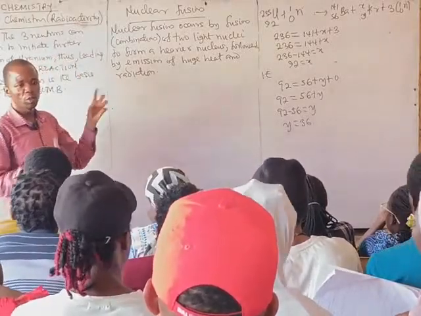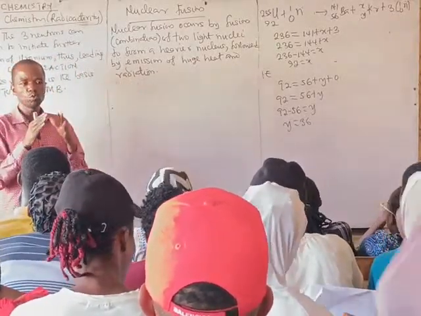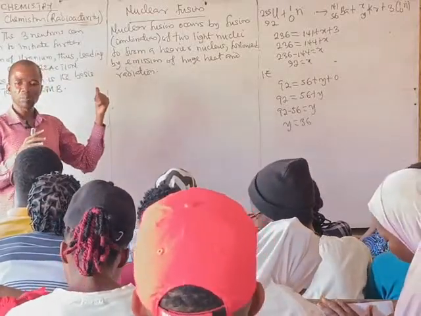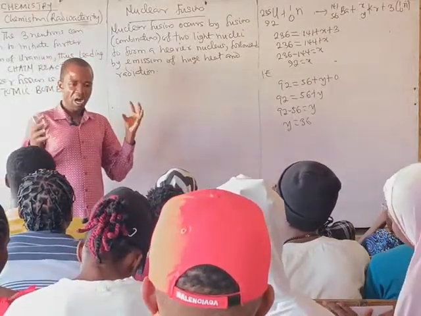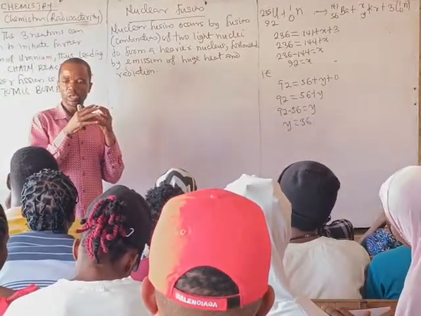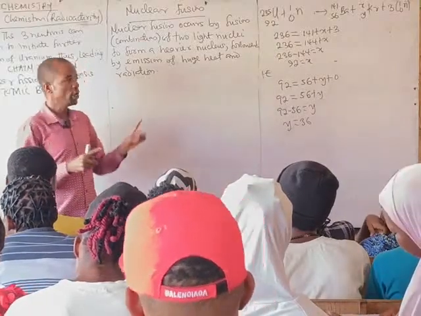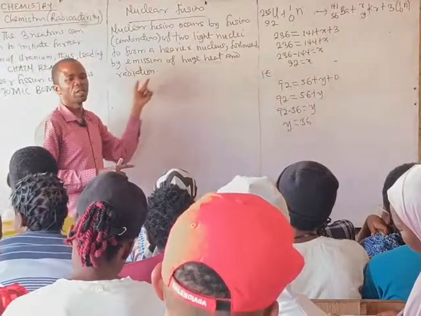In fission, one heavy nucleus is split into two nuclei of relatively equal sizes, but the exact opposite happens here. In fusion, two light nuclei are combined, fused together to form a heavier atomic nucleus with the release of huge amount of heat and radiation.